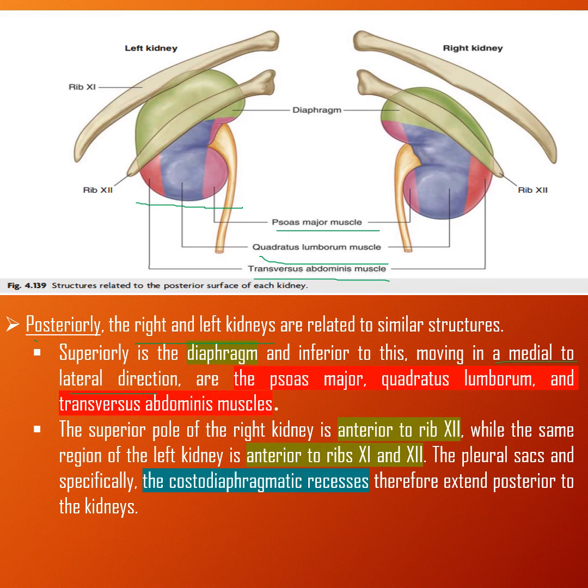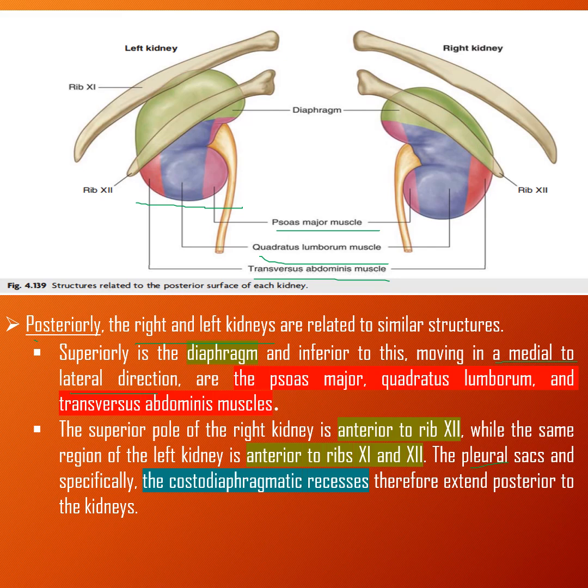The superior pole of the right kidney is anterior to the 12th rib, while the same region of the left kidney is anterior to the 11th and 12th ribs. This difference occurs just because the left kidney is superior to the right kidney.